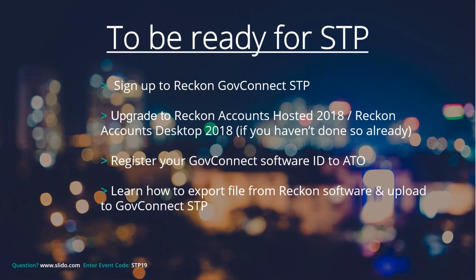So these are basically just the 4 key steps to get yourself set up for Reckon STP. Just to go over it again, ensure you sign up to Reckon GovConnect STP. If you're using Reckon Accounts, anything older than 2017, ensure you have upgraded to our latest version. Registering your GovConnect software ID to the ATO, and then learning how to export the payroll file from Reckon software and uploading it to GovConnect STP.